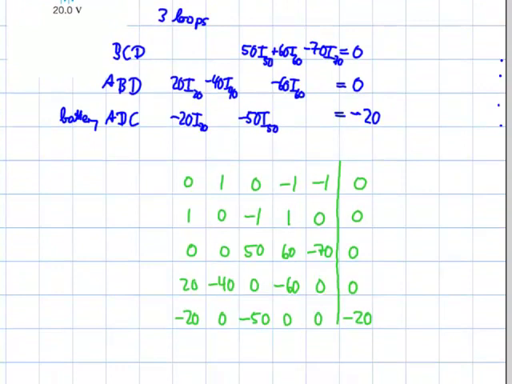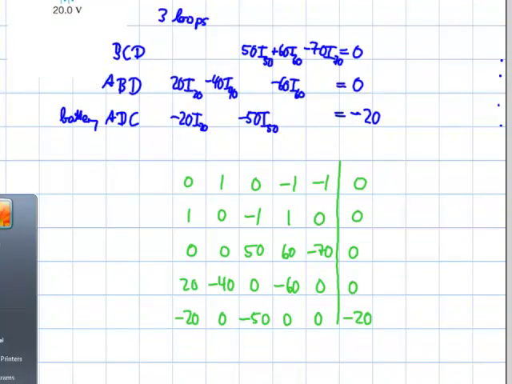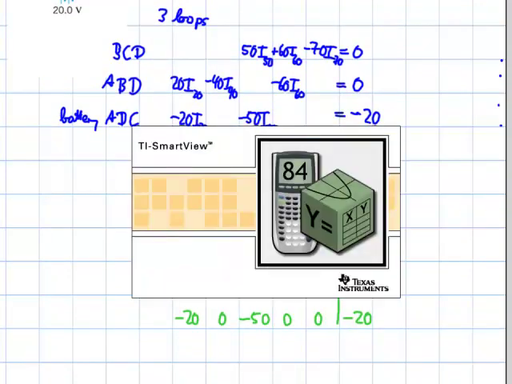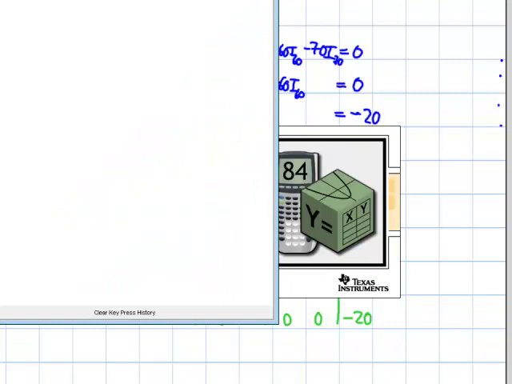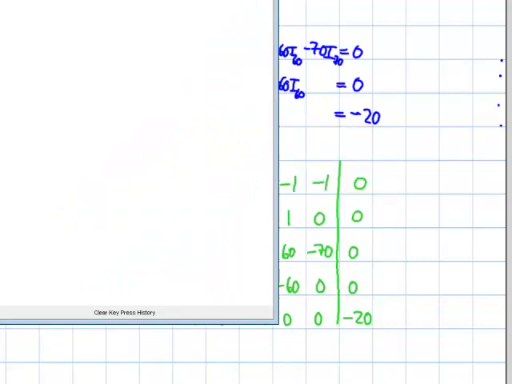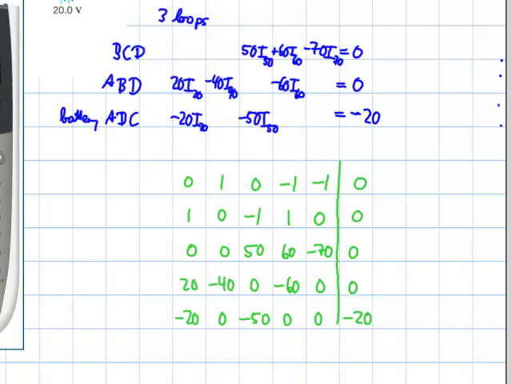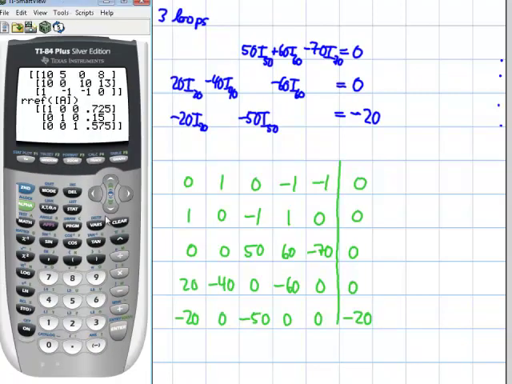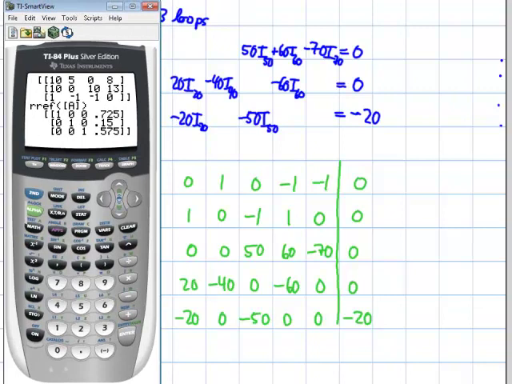Alright, graphing calculator. If you don't have a graphing calculator, you may have to go the hard way of doing these here as simultaneous equations or on paper. I have the luxury, and many of us do have a graphing calculator for this class because in algebra it was already required.